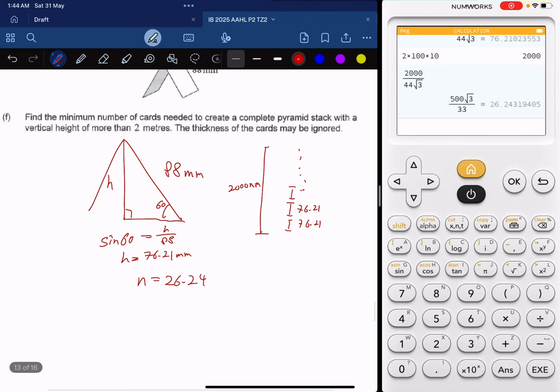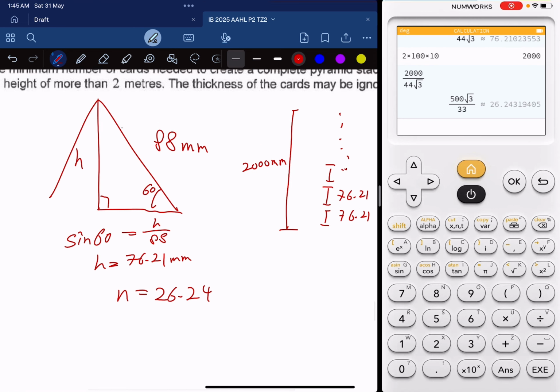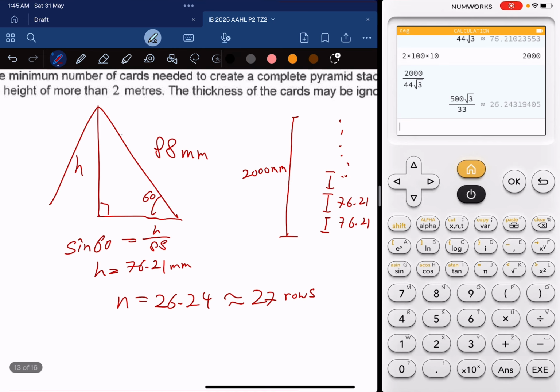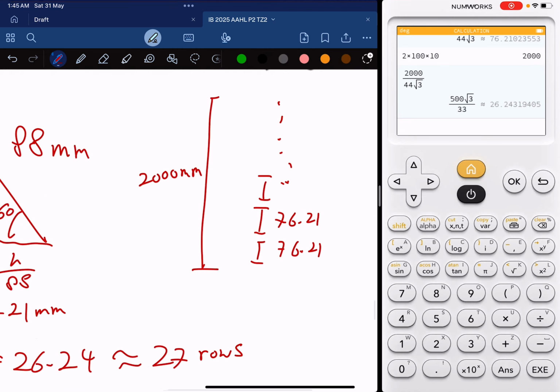So how many minimum number of cards, right? So at least 26 rows. So at least 26 point something. So I need 27 basically. I need 27 rows in order to be more than 2 meters, right? Because this is just 26.24.